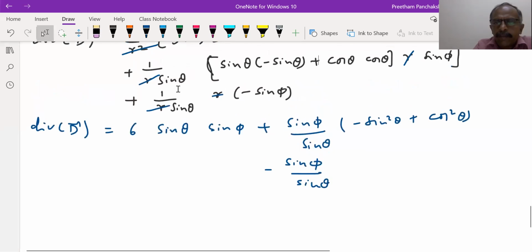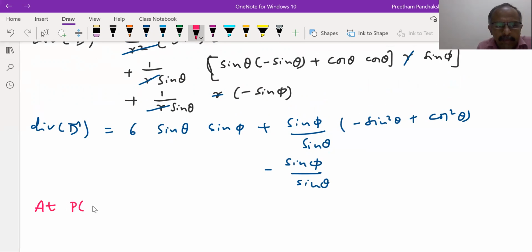We have to find the divergence at the point specified. So in the problem, the given point is 3, 45 degrees and minus 45 degrees. Here 3 represents r, 45 is theta and minus 45 is phi.